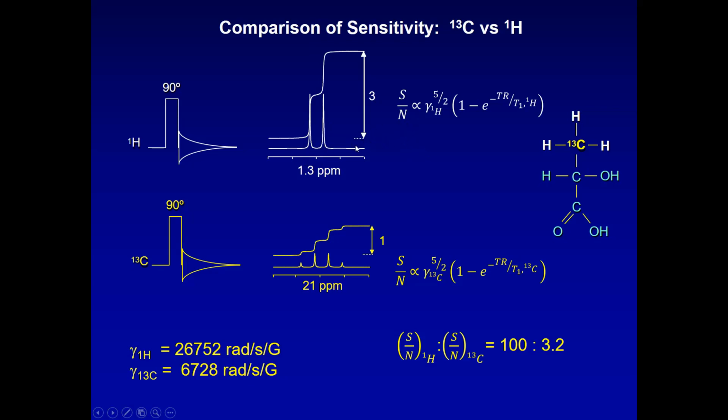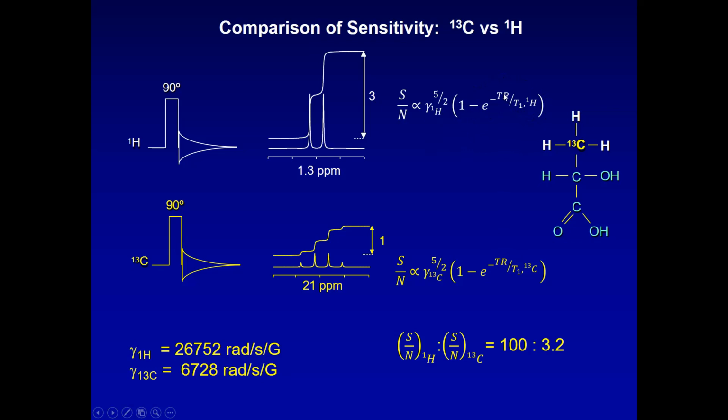And we're going to assign it a total area of 3 because there are 3 protons. Protons have a high gyromagnetic ratio compared to carbon-13. So here the signal to noise for direct detection with a pulse acquire experiment for proton is proportional to the gyromagnetic ratio raised to the power of 5/2, multiplied by a factor to deal with the T1 saturation.